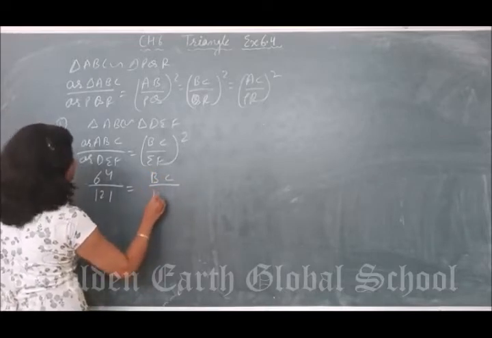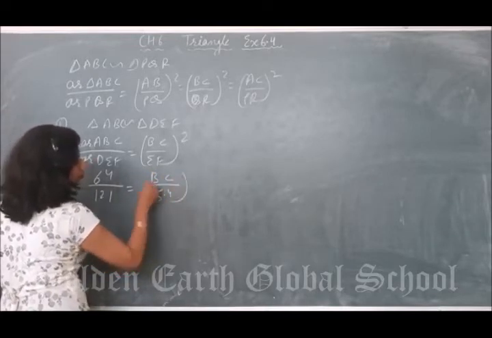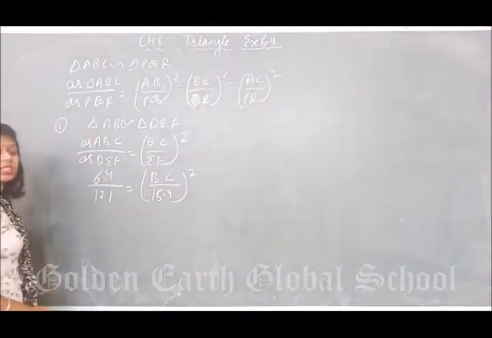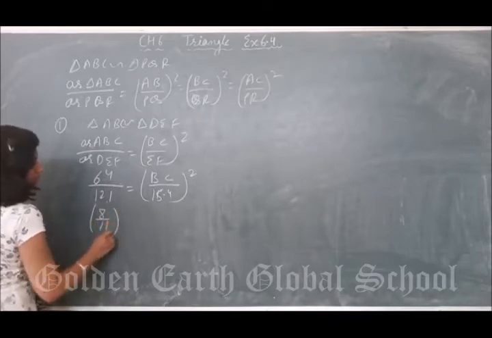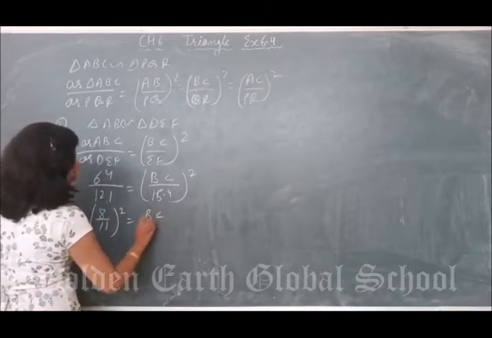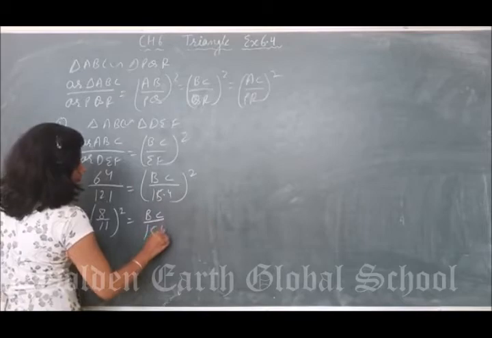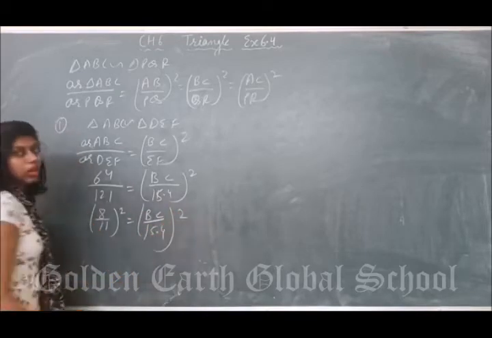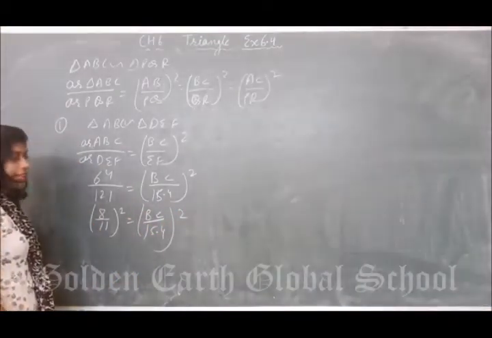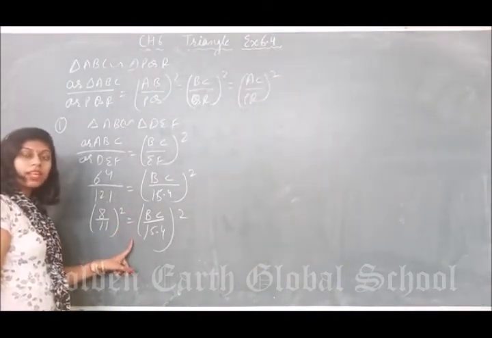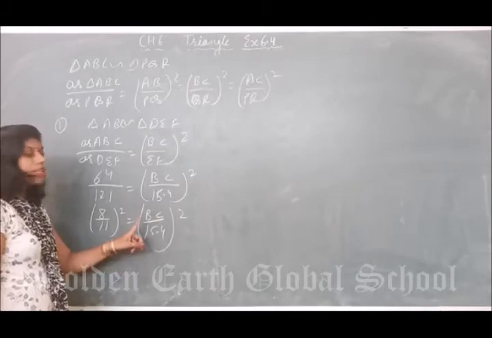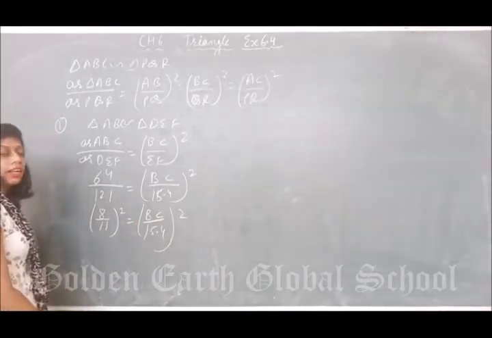EF is 15.4. 64 is the square of 8, 121 is the square of 11. So we can write (8 upon 11) squared. Now taking the square root. Why are we taking the square root? We are considering plus minus sign. But here we will select only the positive sign because a side cannot have a negative measurement.